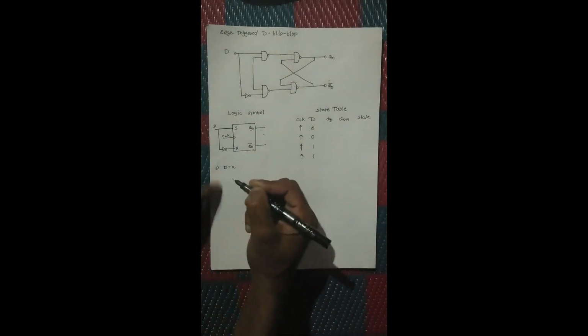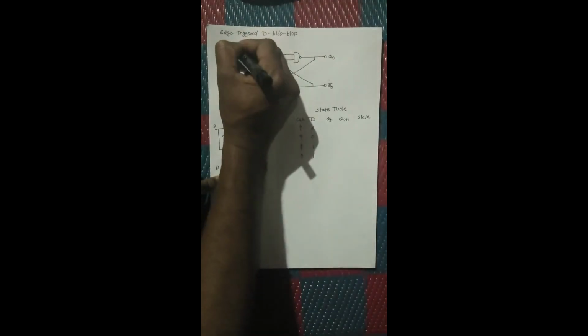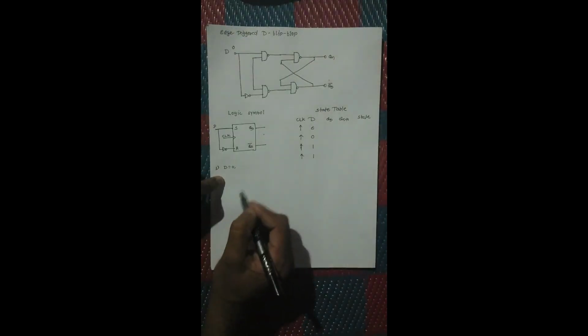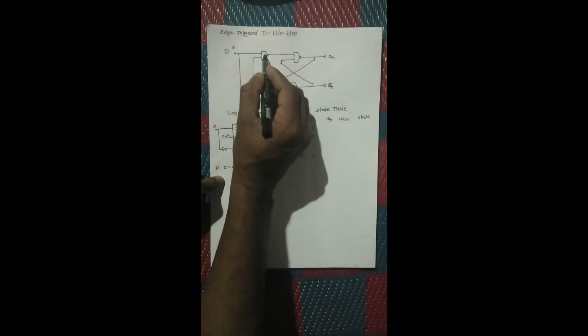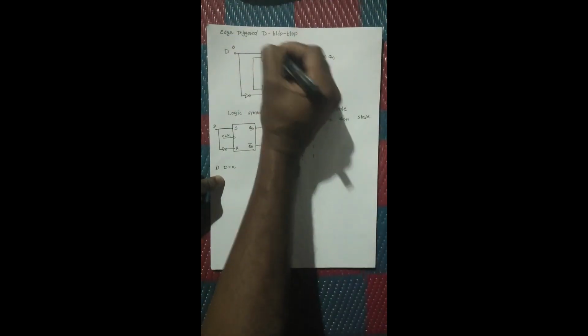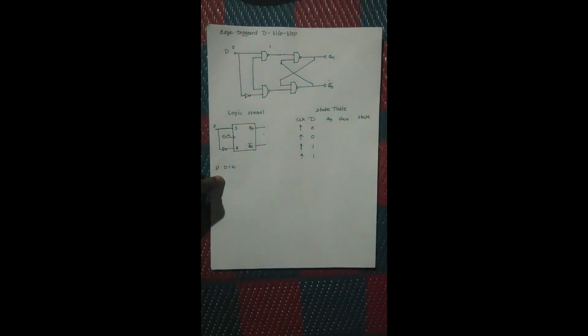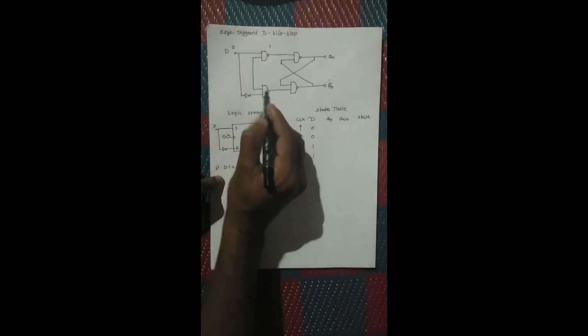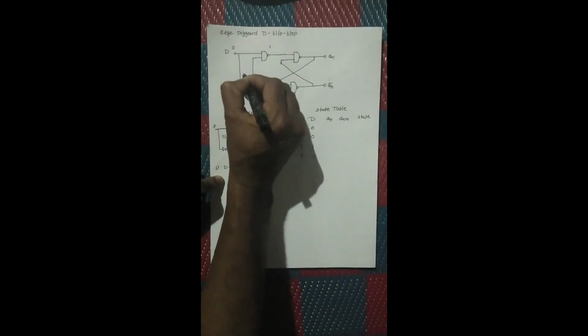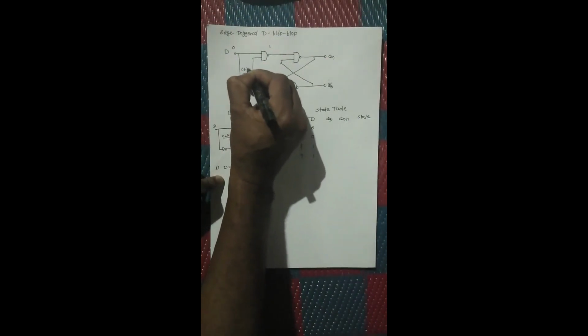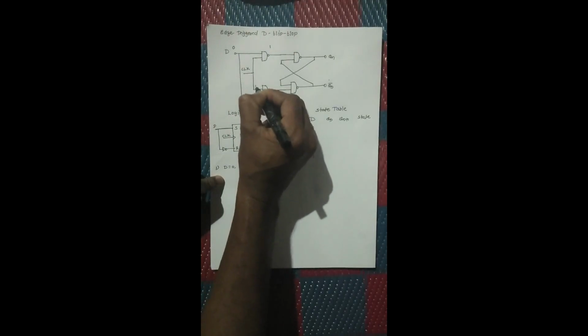In the first condition, D is equal to 0. When D is equal to 0, this non-complement input will produce 1, because if any input to a NAND gate is 0, then the output will be 1. This produces the complement version, so this will be 1, and this is the clock signal, so 1 into 1 becomes 0.